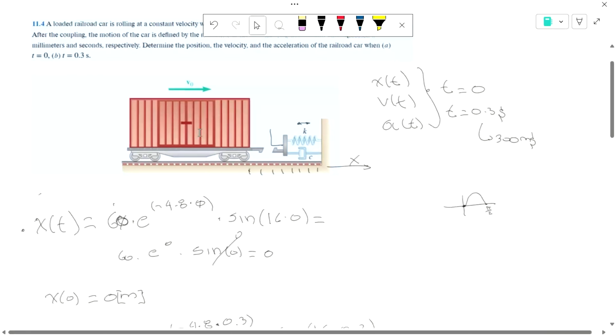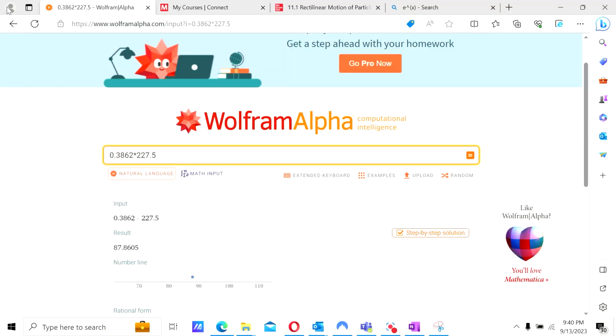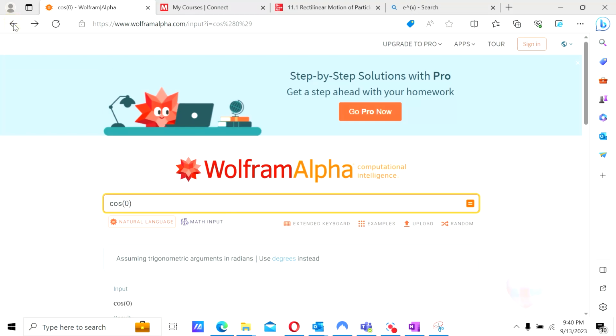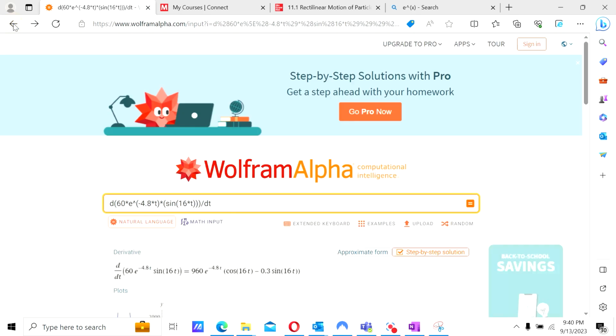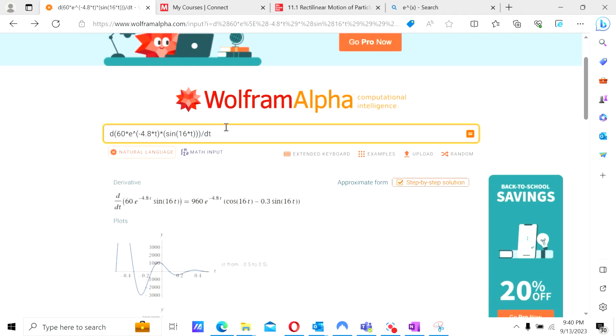So if we go back to Wolfram, what we need to do is take the derivative of 960 times e to the negative 4.8 times t.